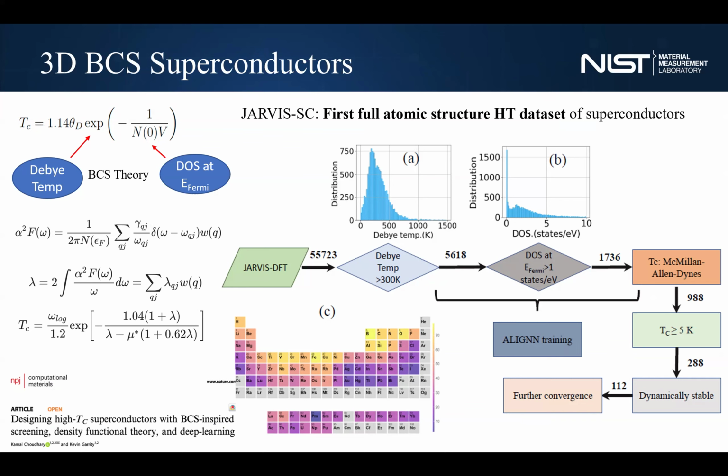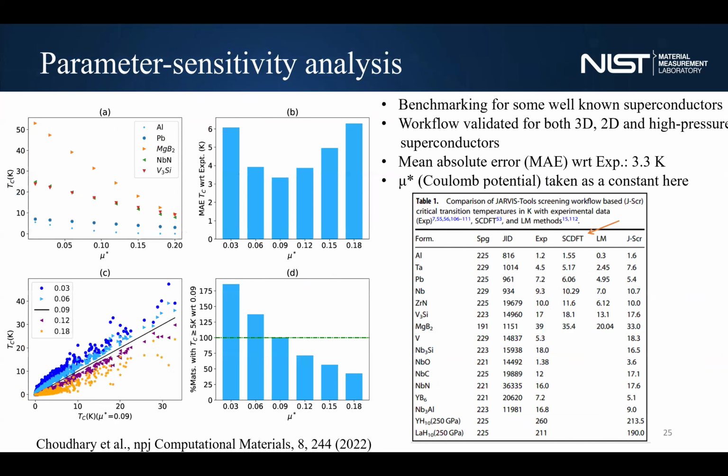Then we developed a workflow using Quantum ESPRESSO to calculate the McMillan-Allen-Dynes formula-based transition temperature. Based on phonon stability and thermodynamic stability, we computationally discovered 112 new materials. This was published in npj Computational Materials, Designing High-Tc Superconductors, and I think it was the key advancement in the superconductor atomic structure field.